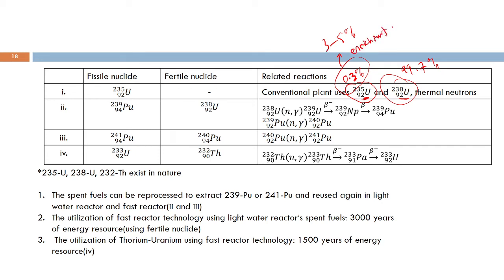So for the conventional nuclear power plant, the fuel is 3% uranium-235 and 97% uranium-238. The 3% of uranium-235 is enough to create the sustainable fission reaction, mixed with 97% uranium-238.